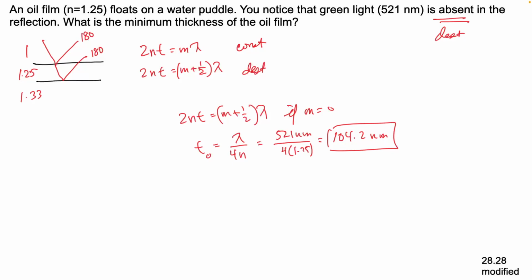But to avoid having to take 521 and divide it by 1.25 and putting it into our equations, we just put the 1.25 on the other side. Physicists are weird.